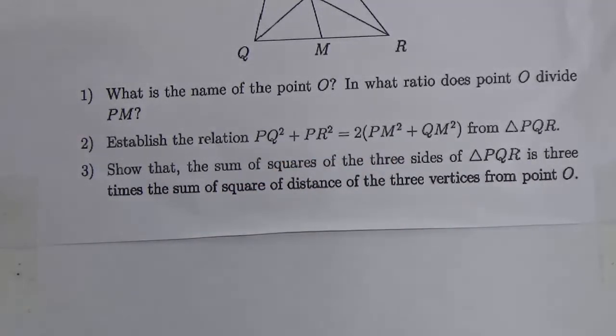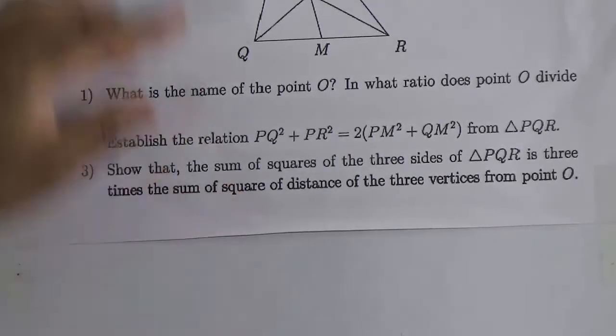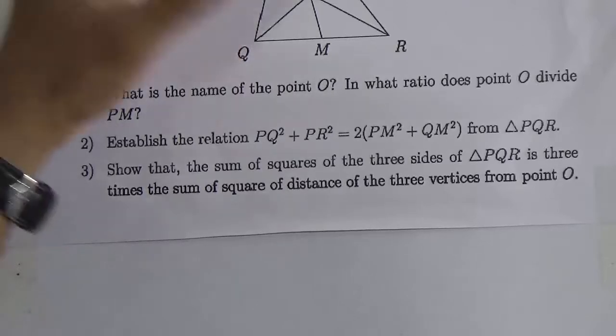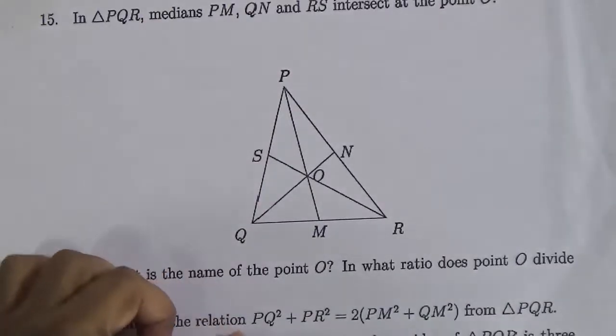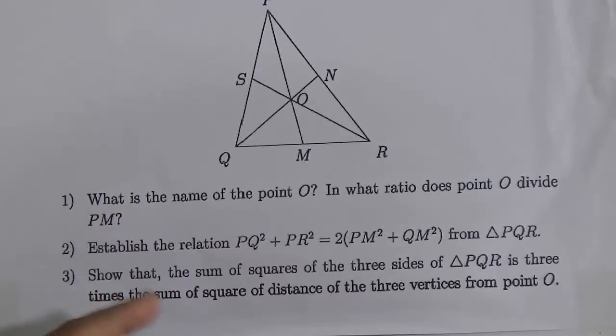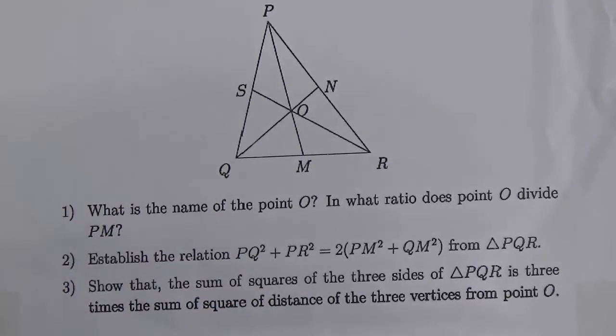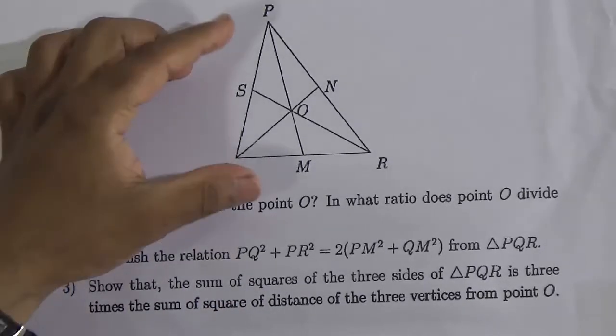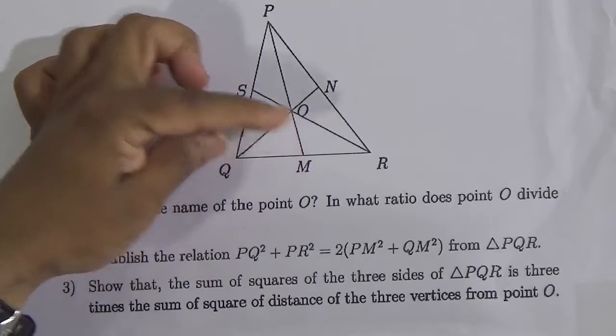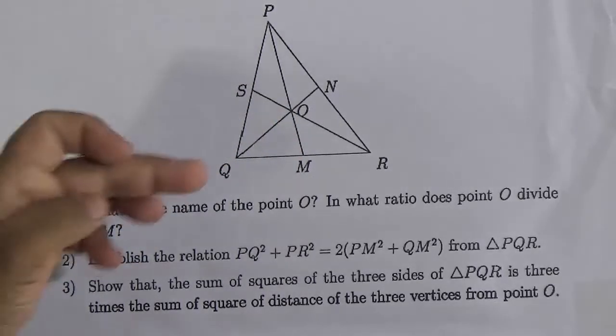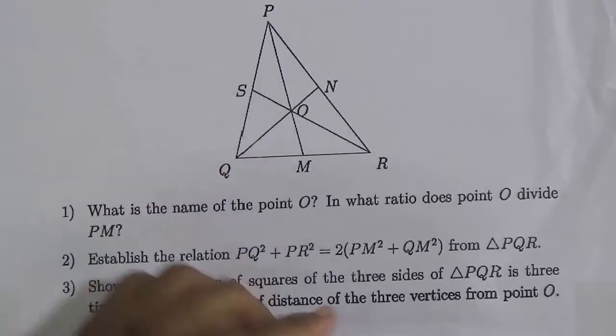Apollonius theorem says that in any triangle, the sum of the squares of any two sides, that means PQ square plus PR square, is equal to twice the sum of the square of the median on the opposite side and the square of half of the opposite side.